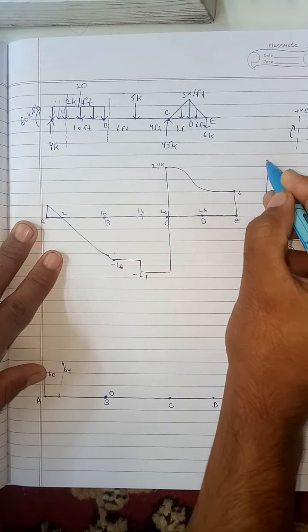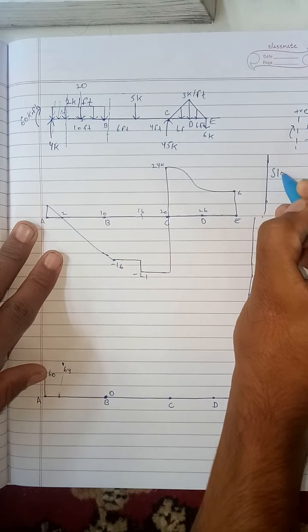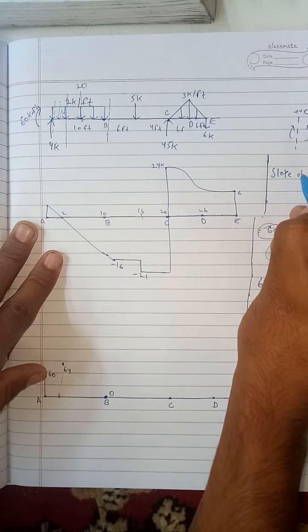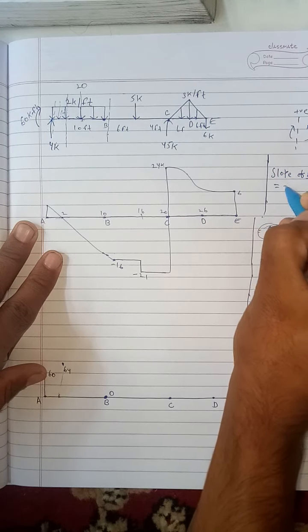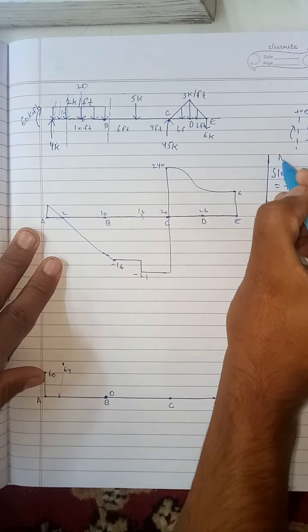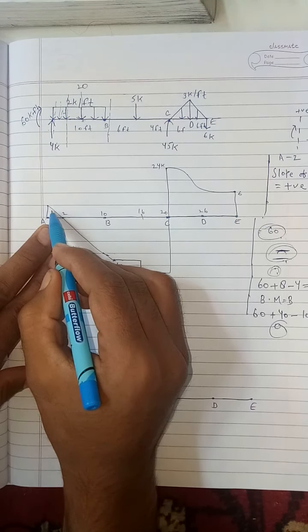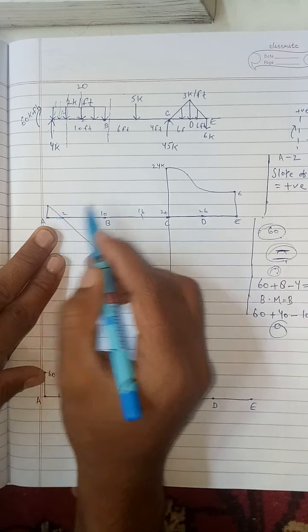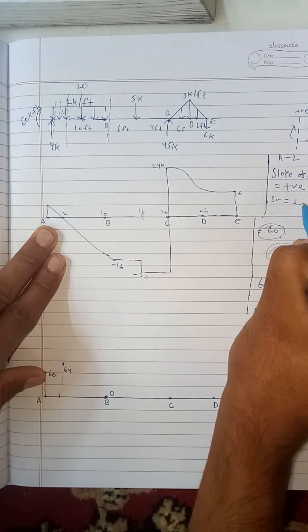Shear force is the slope of the bending moment diagram. So from A to Z the slope of the bending moment diagram is positive, and this shear force is decreasing in magnitude. So we will write here the slope of the bending moment diagram is decreasing in magnitude.